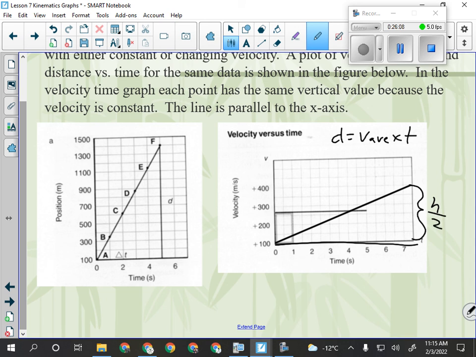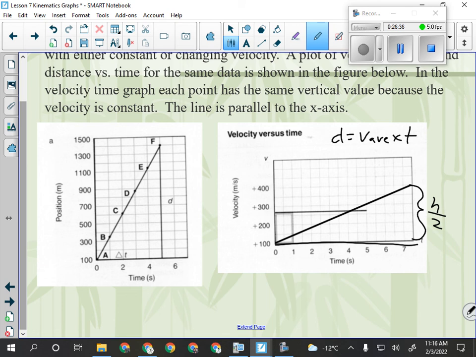Well, if I start at a velocity of 100 and get to a velocity of 400, is my average velocity smack in the middle of those two numbers? It is. Half the time I'd be going faster than that, half the time slower. My average is right in the middle, which is why if I take the height of this triangle and divide it by 2, it gets me the number smack in the middle. So it works. It's a little trick.